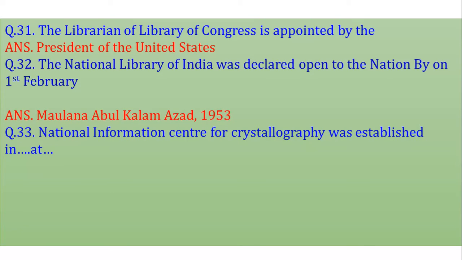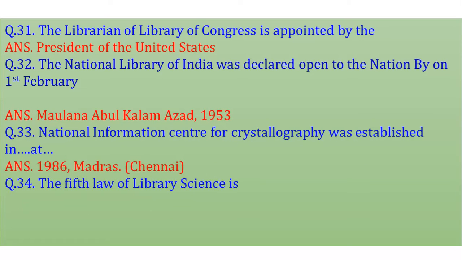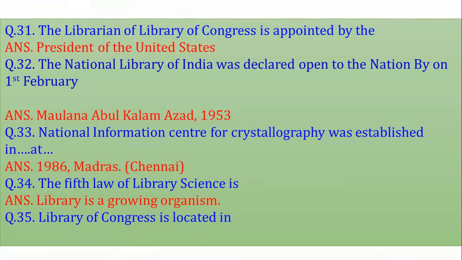National Information Center for Crystallography was established in 1986 at Madras. The fifth law of library science: library is a growing organism. Library of Congress is located in Washington, D.C.